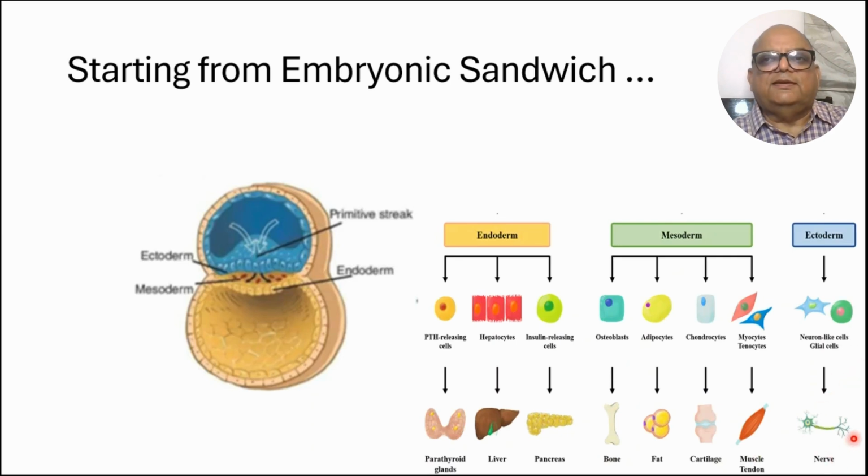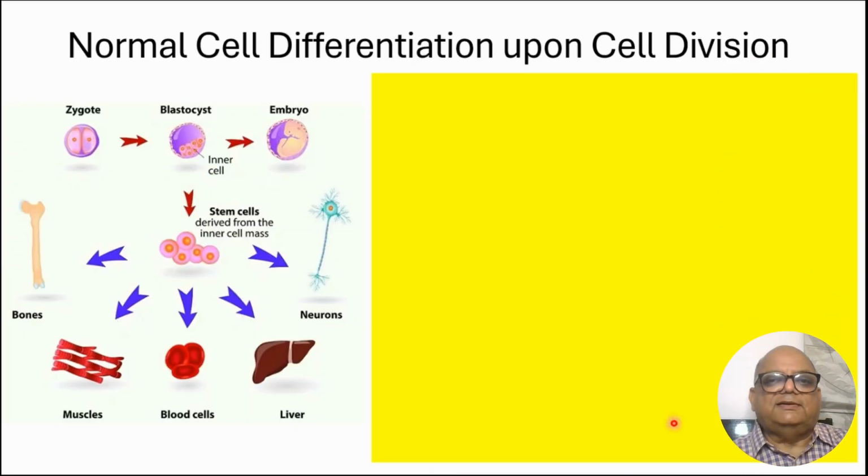So these are the various types of functional tissues that emanate from the egg cell, from the fusion of two haploid cells, and the same genetic database leads to such diversified properties of tissues.